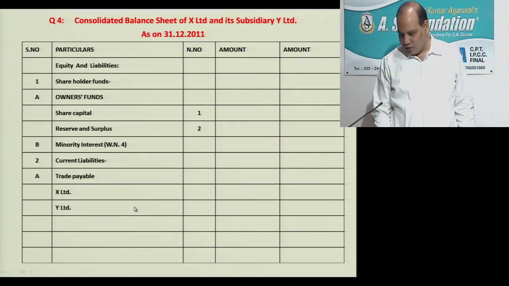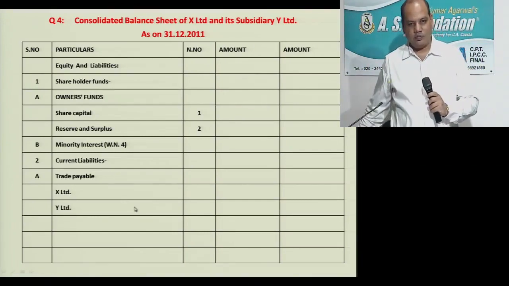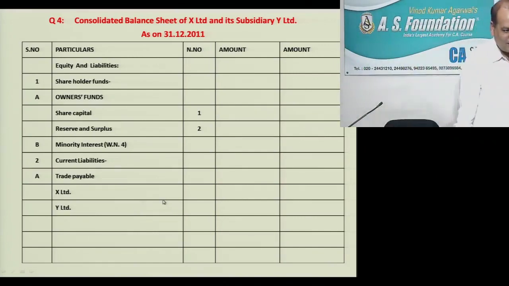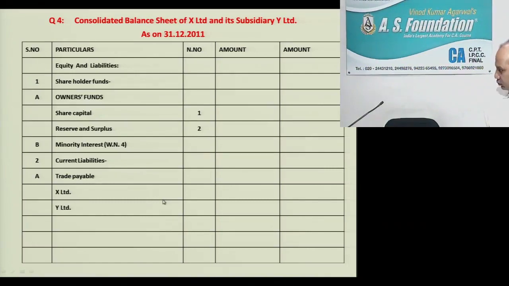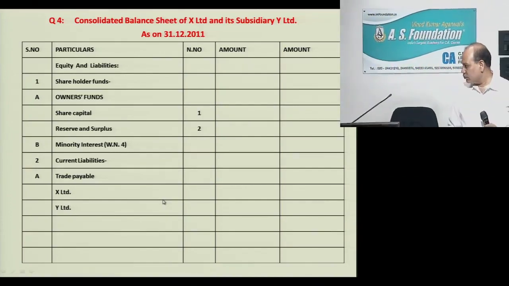Is balance sheet ready? Write note 1. You only said ready. Can we start now?